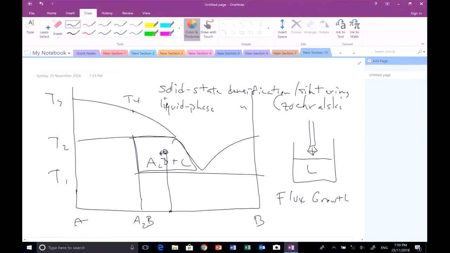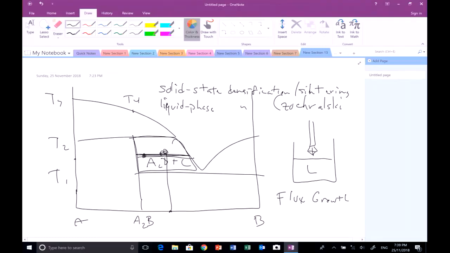So the exam question is, what's the minimal temperature for liquid phase densification? What's the maximal temperature for liquid phase densification? Okay. And then you would say, well, if you want 10% liquid at the midpoint between T1 and T2, I want 10% liquid. Well, here's my lever, and 10% liquid, I just measure it up.